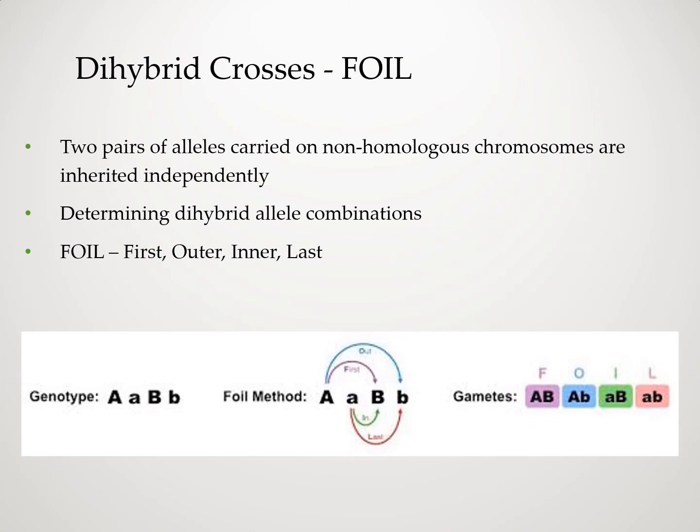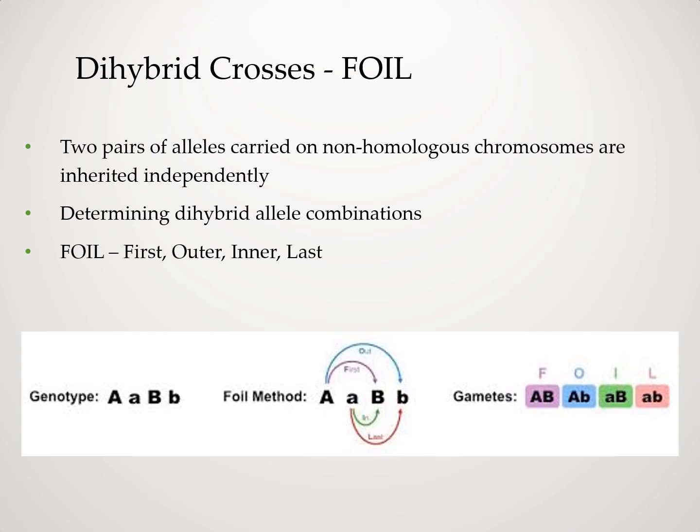A dihybrid cross uses 2 sets of alleles from 2 chromosomes to demonstrate independent inheritance. To determine the allele combinations of a dihybrid cross, the FOIL method can be used.